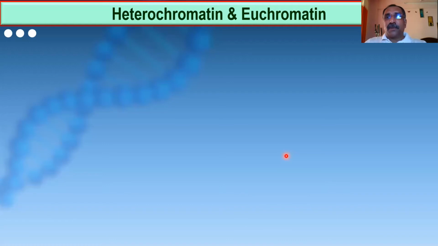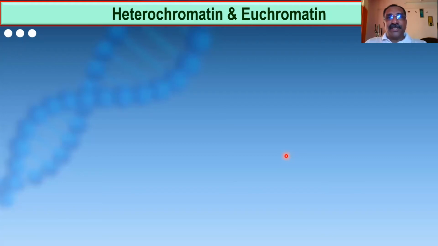2 nanometer DNA is coiling and becoming 11 nanometer nucleosome, and these nucleosomes are again coiling, that we can say supercoiling, and this supercoiling results in the formation of a solenoid of 30 nanometer. That 30 nanometer super solenoid is again coiling like a telephone wire and becoming 300 nanometer, then 700 nanometer.